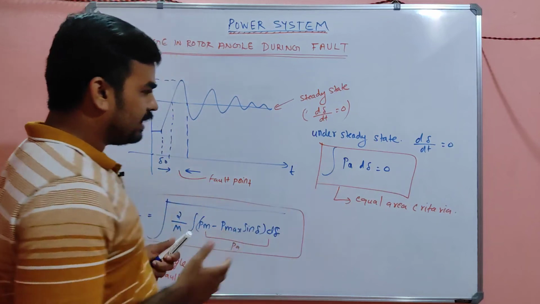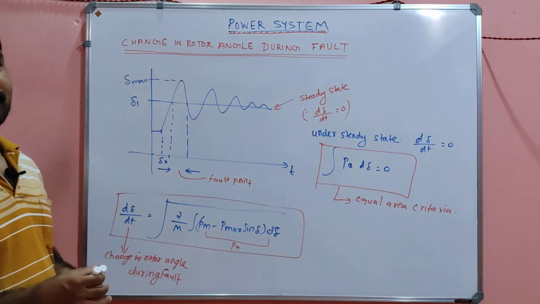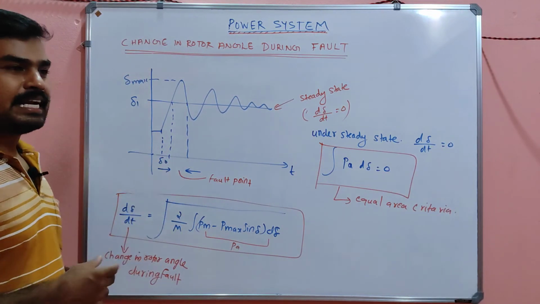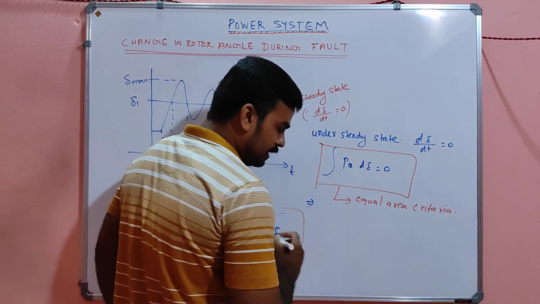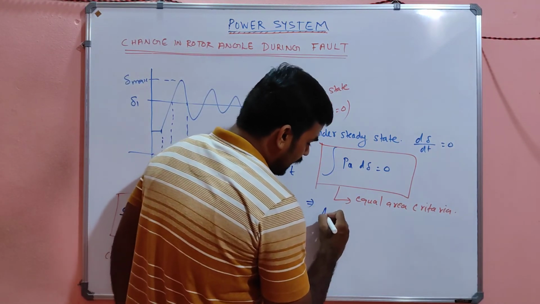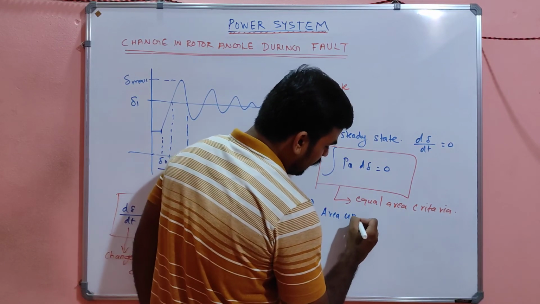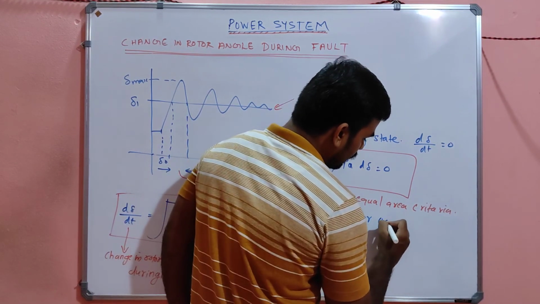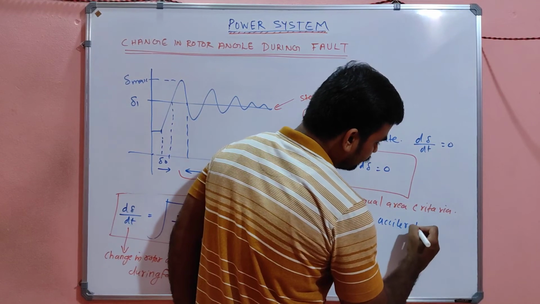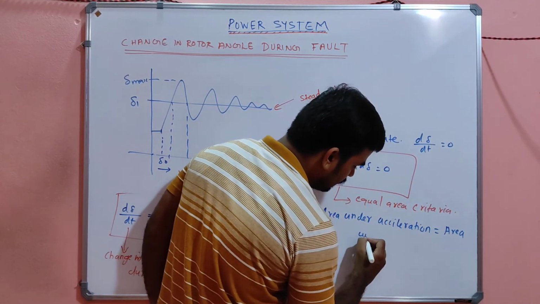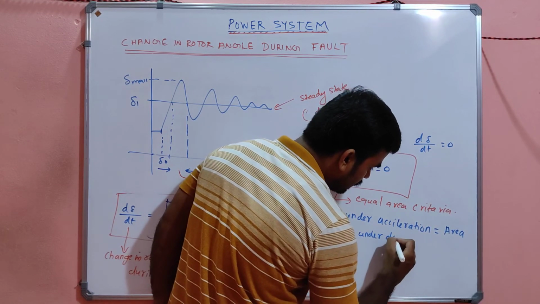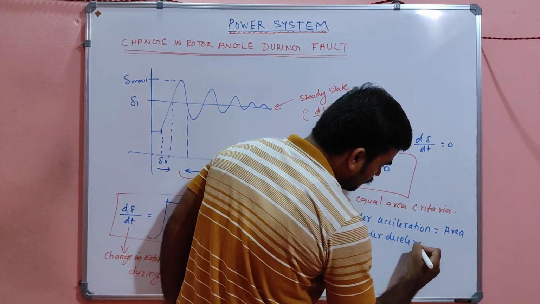So the equal area criteria says what I already told you: integral PA d del equal to 0, which implies what, my dear? Area under acceleration equal to area under deceleration.